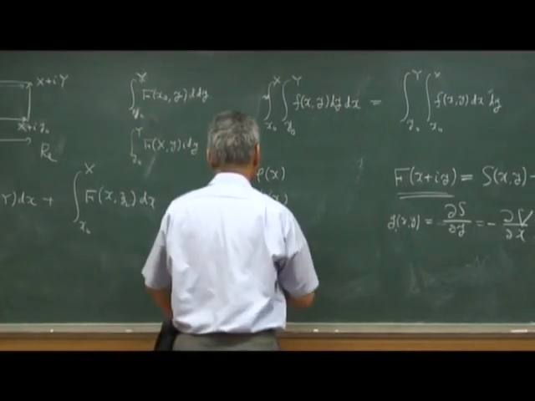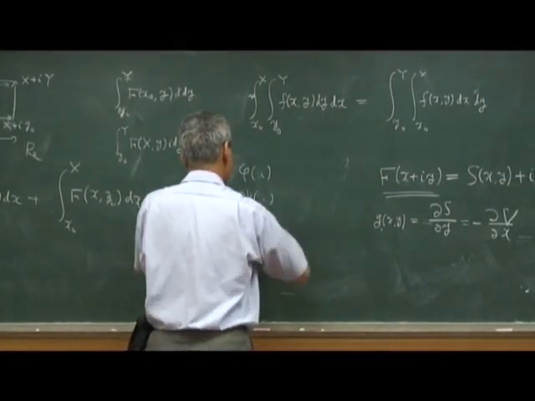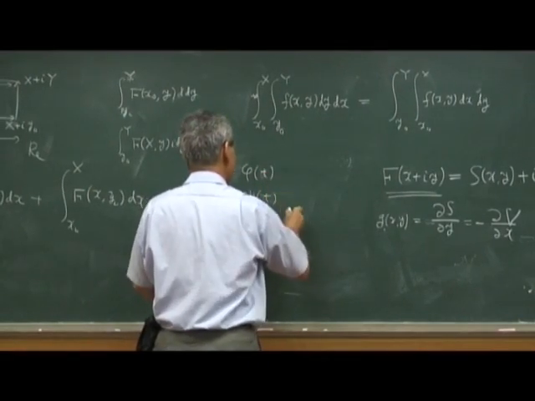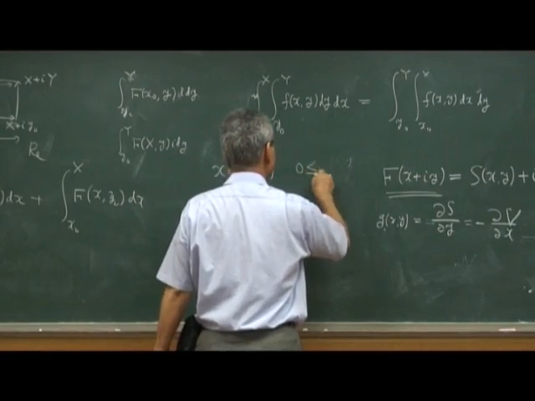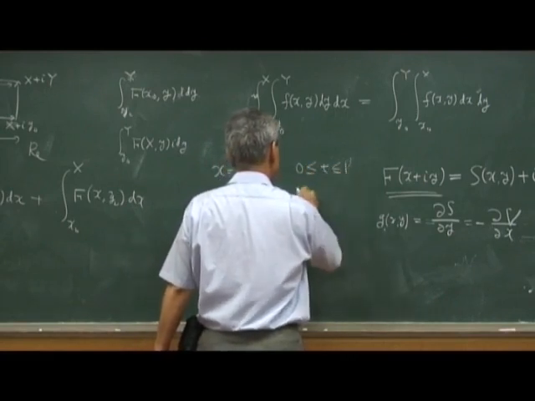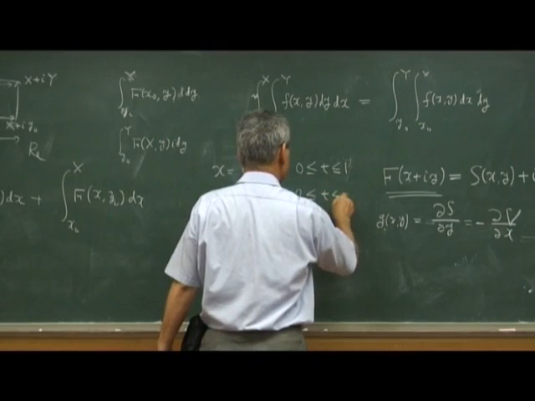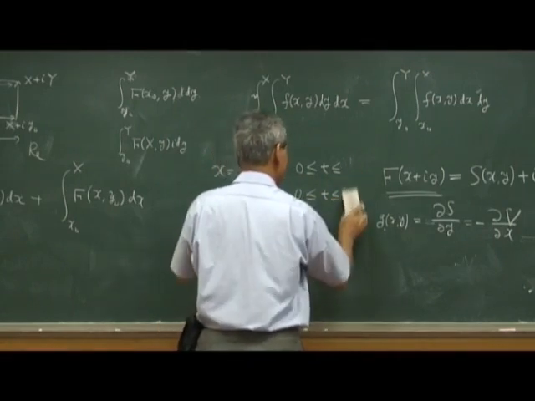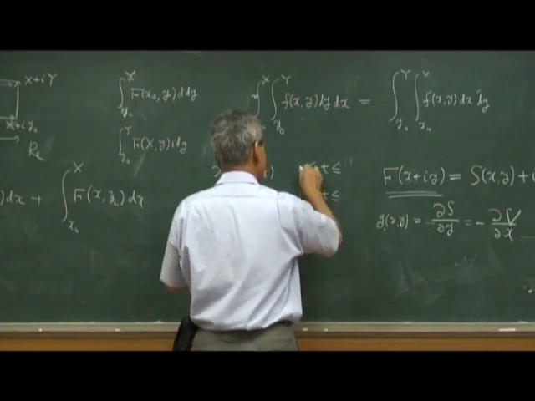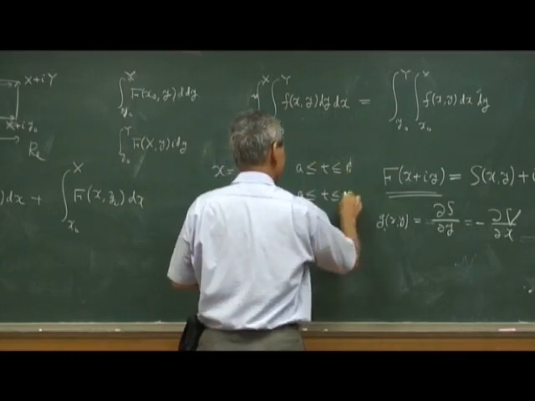So this is not x, this is t. And t is defined on some interval, probably it's better to say that here a to b is defined.